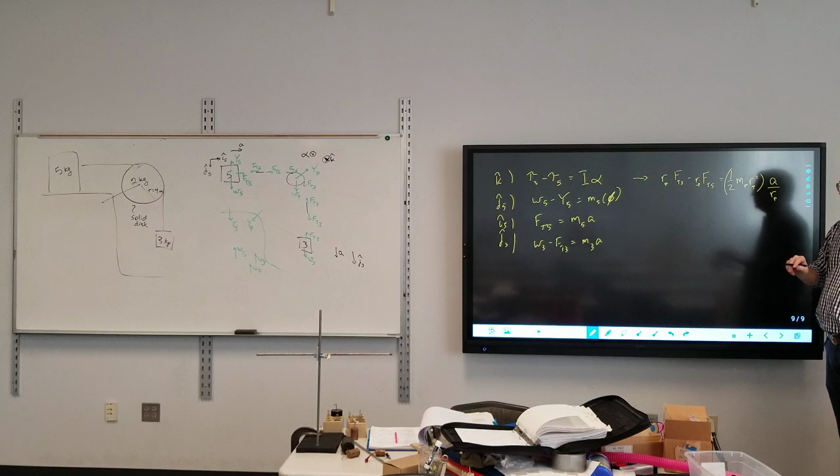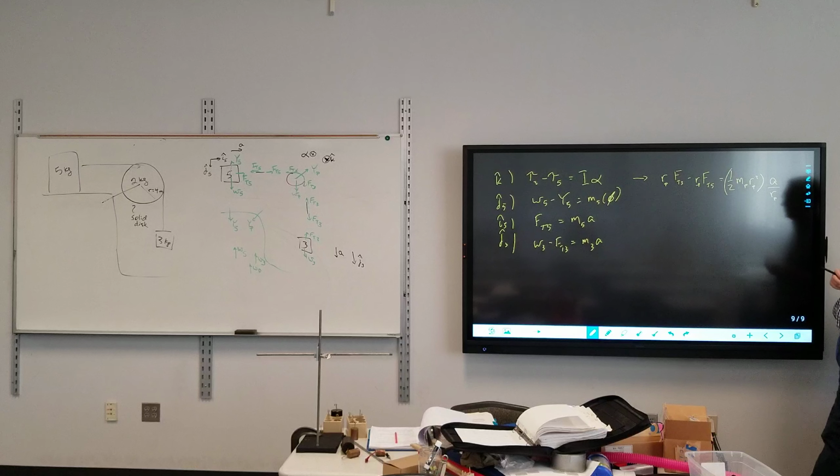I feel very stupid right now. I think I'm missing the question. Oh, okay, I get it now. The R squared on the bottom cancels out one of the R's in the 1/2 MR squared. Sorry, I just need my brain to catch up. You got it.